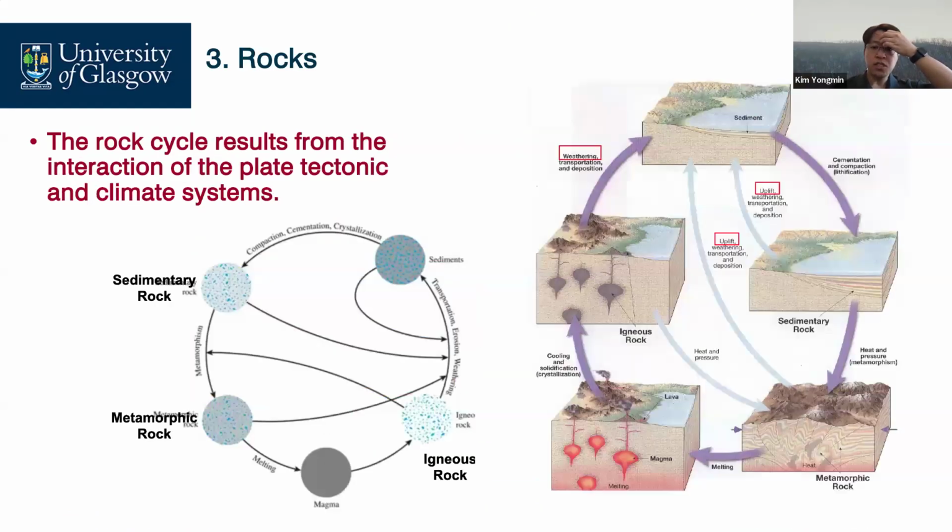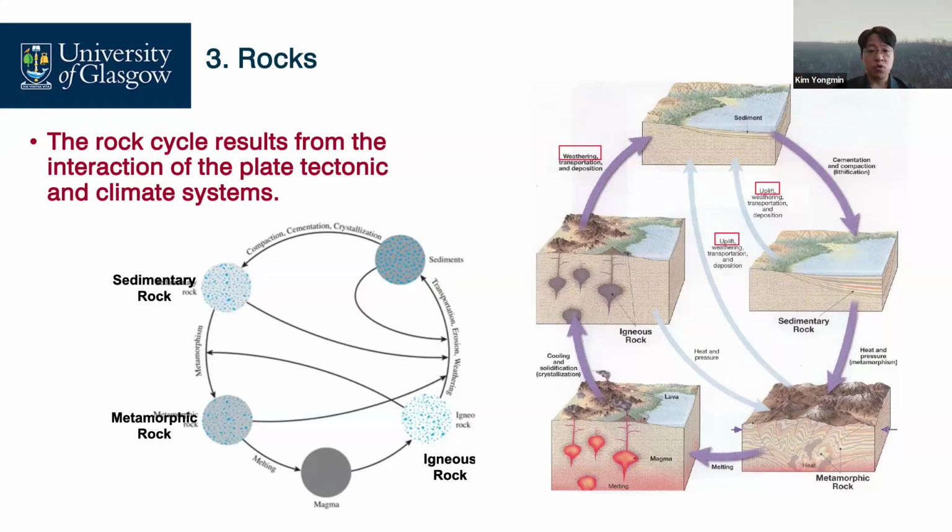So this geologic process, like plate tectonics, climate change, and climatic systems, can transform one rock type into others. So we start with the sediments eroded from the continental interiors, and the sediments are deposited in the rift basins where they are buried to form sedimentary rock.